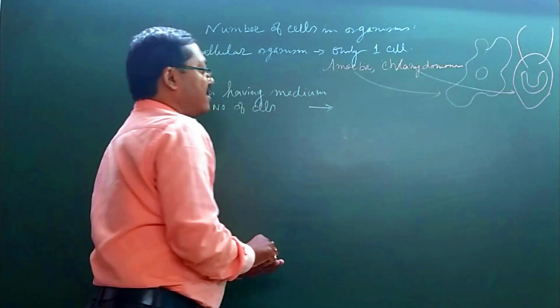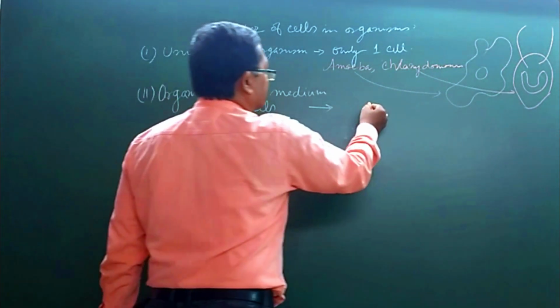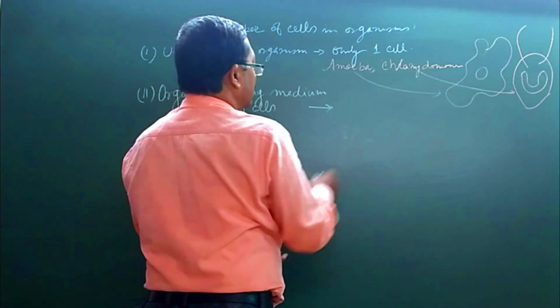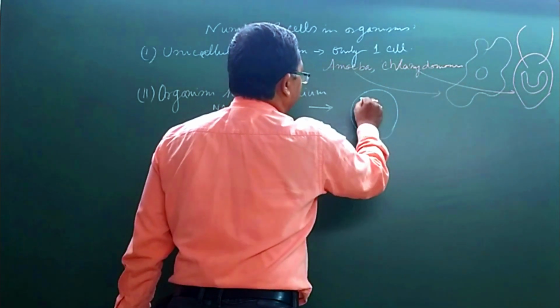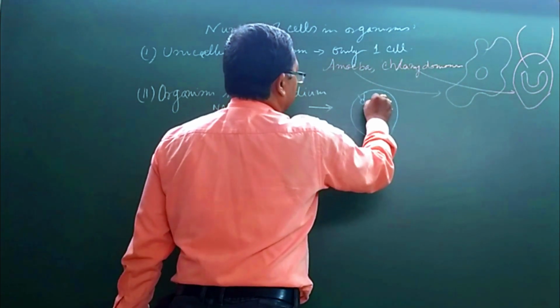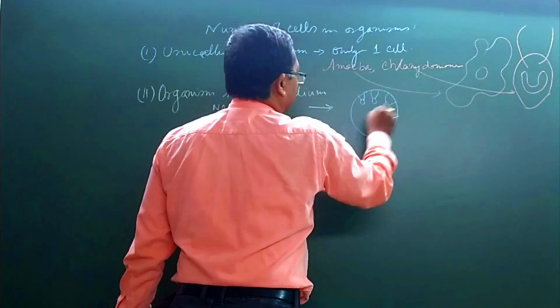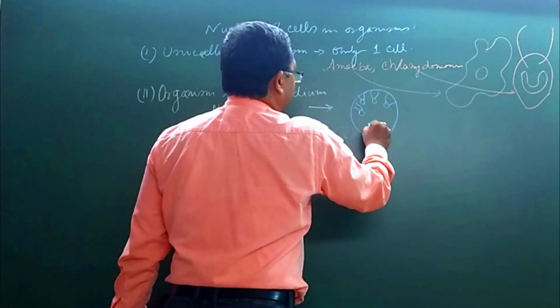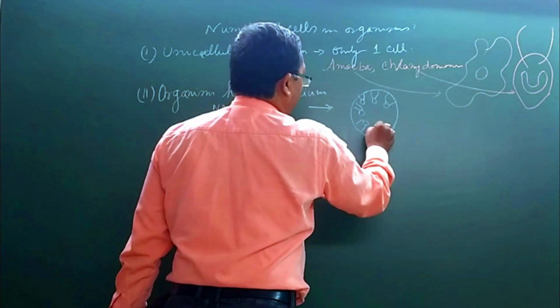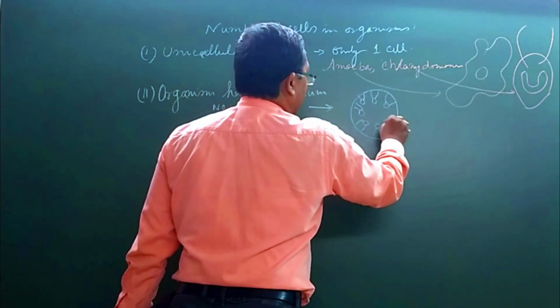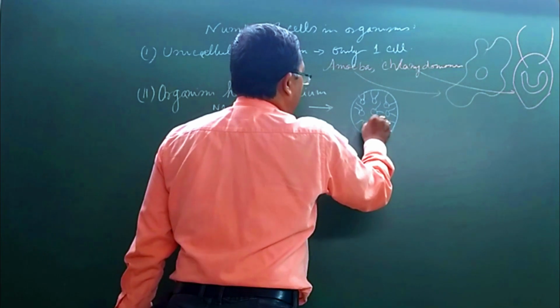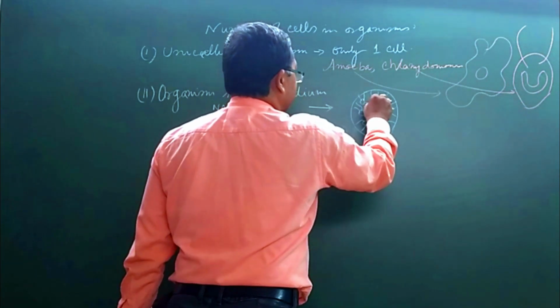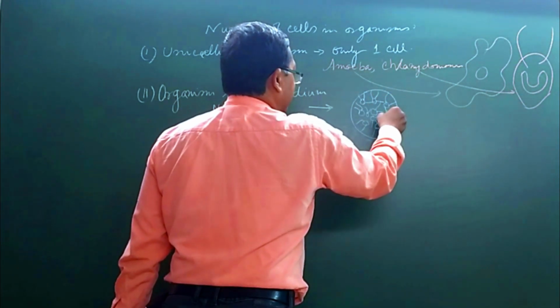These organisms are volvox. Volvox is an algae that contains some chlamydomonas-like cell organization. A group of cells. These groups of cells are interconnected by means of some thread.